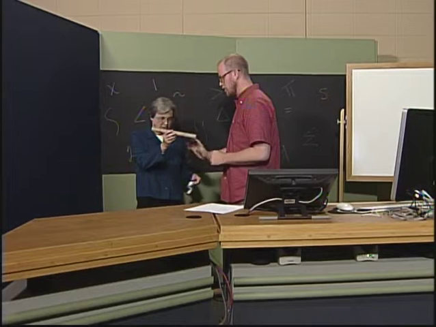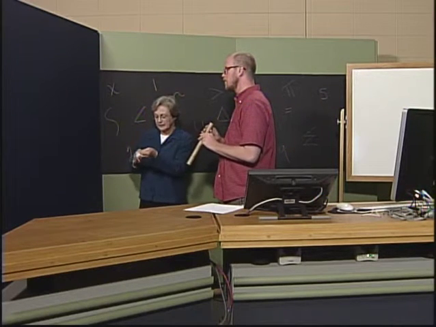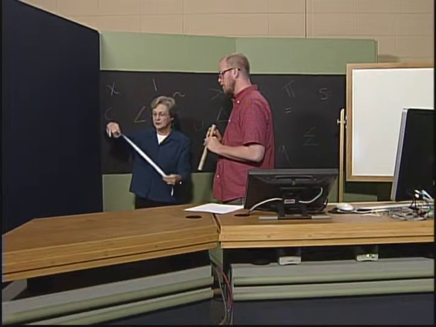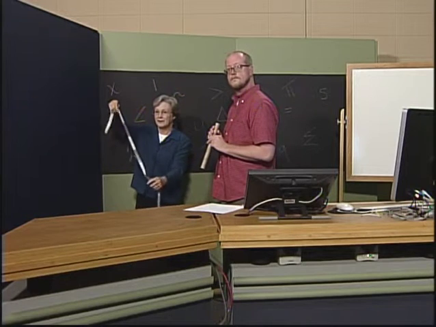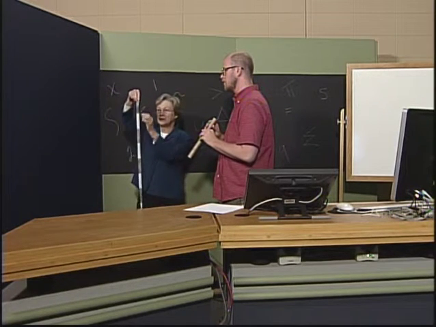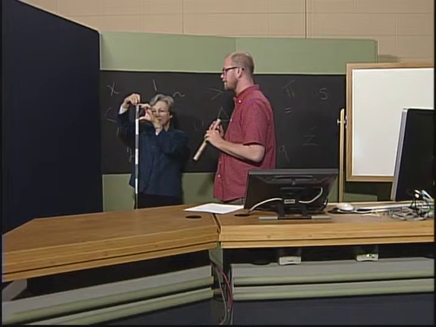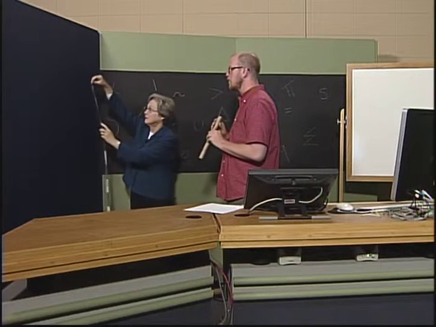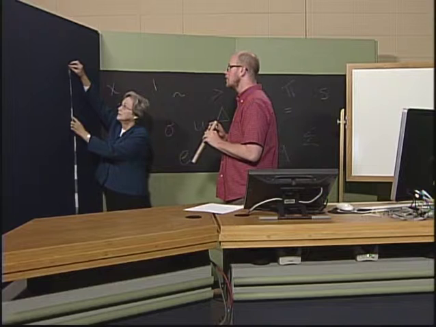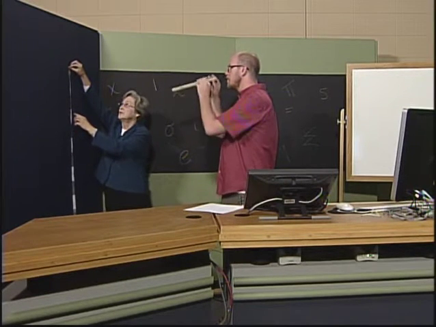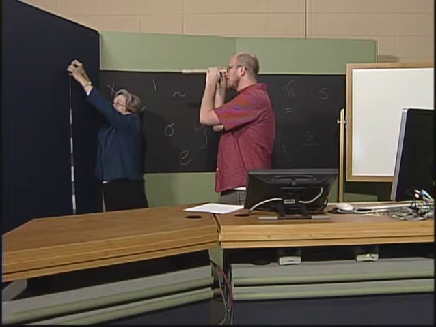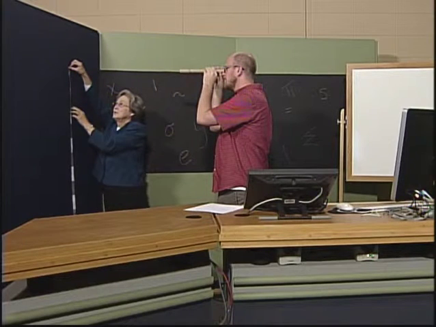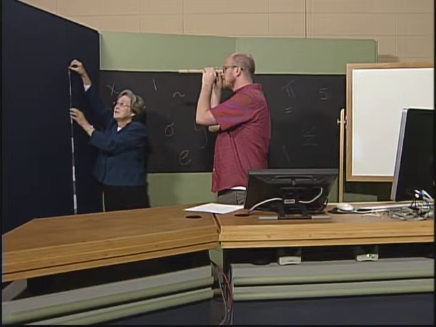And he's going to look through the viewing tube, and my tape measure is 1.5 meters, and it's convenient because each decimeter or 10 centimeters is marked with a different color. And Brian is going to look through the tube so that the top of it is going to match there with the top of the measuring tape.